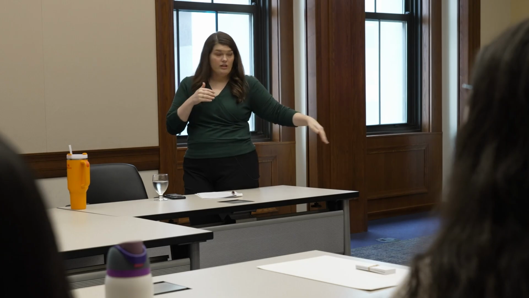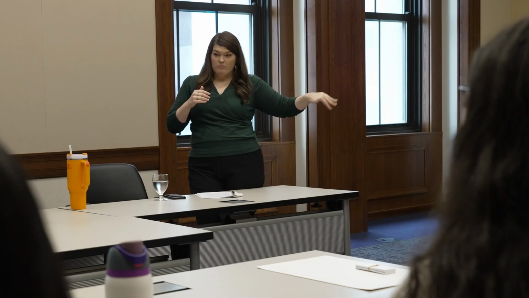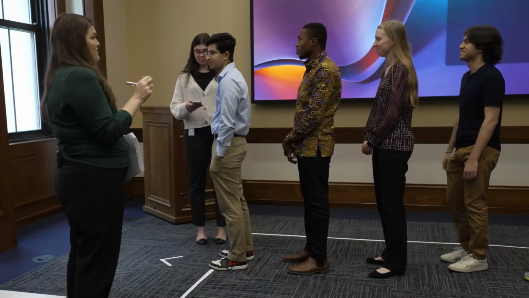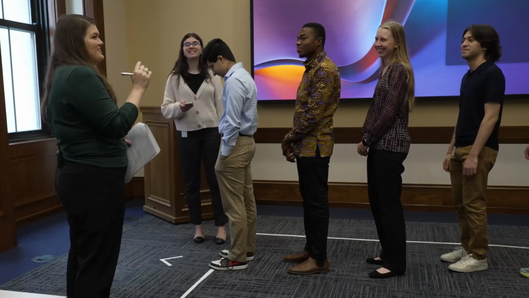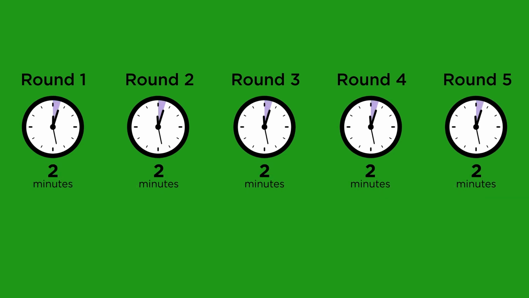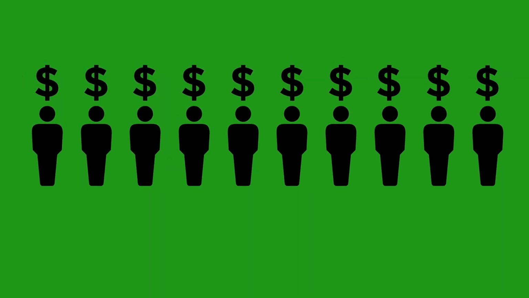Activity: the human wallet. Tell students that the designated taped-off area is a wallet, then explain the following. The class will be investigating the effect on the number of dollars in the wallet as a result of changing the rate at which dollars move into and out of the wallet. There will be 5 separate rounds of 2 minutes each. Each student represents $1.